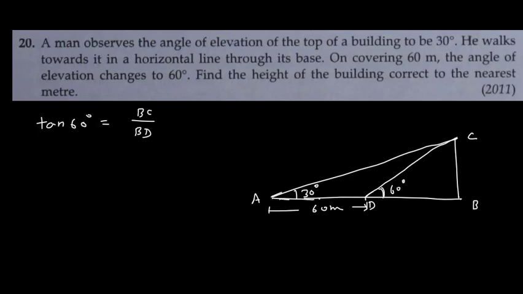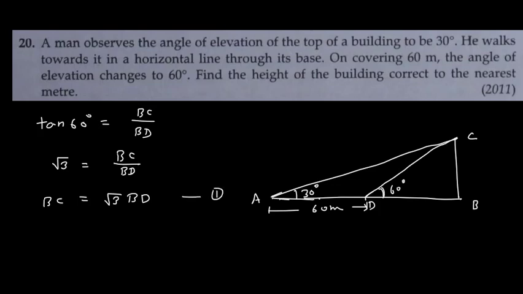I don't know the value of BC or BD, but I know tan 60 is root 3. So root 3 equals BC upon BD. This lets me express BC in terms of BD: BC is root 3 times BD. Now I have the value of BC.